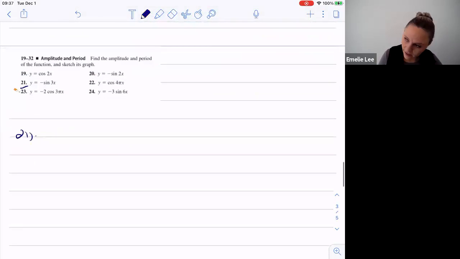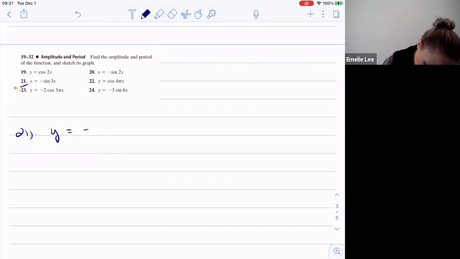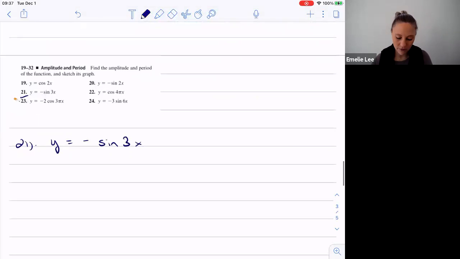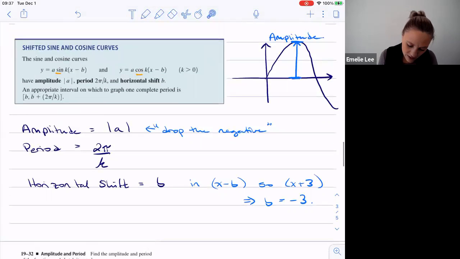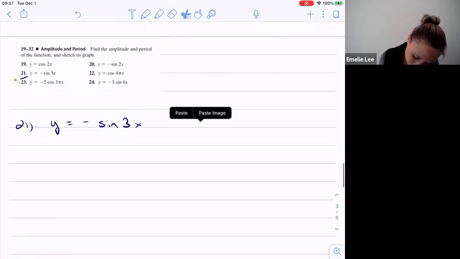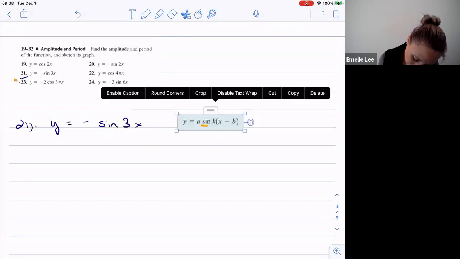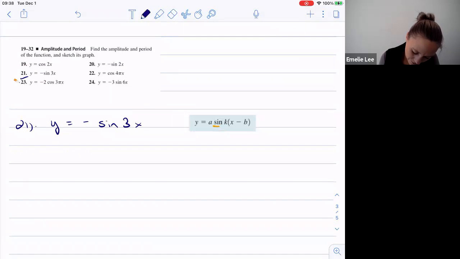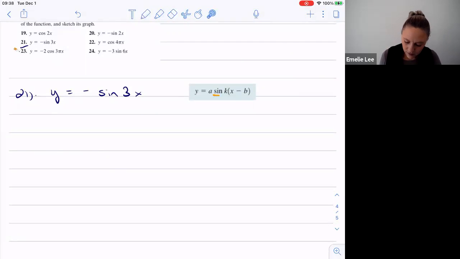So for 21, we've got y equals negative sine 3x. What we first have to do is rewrite this. I've got a sine function, and so I need to rewrite it in terms of sine like this. I have something multiplying our sine, -1, fine.